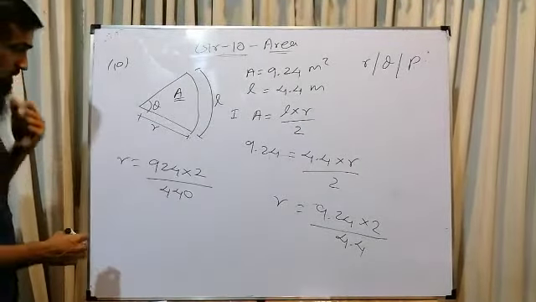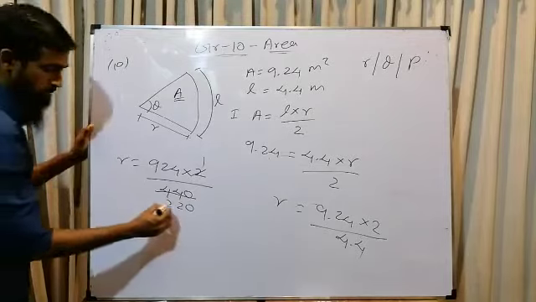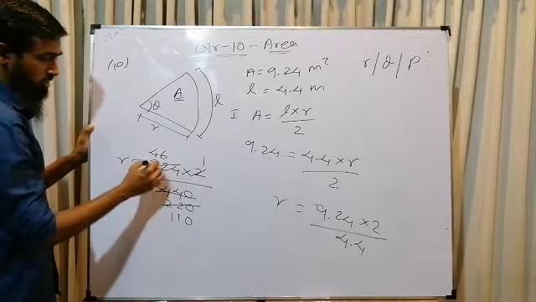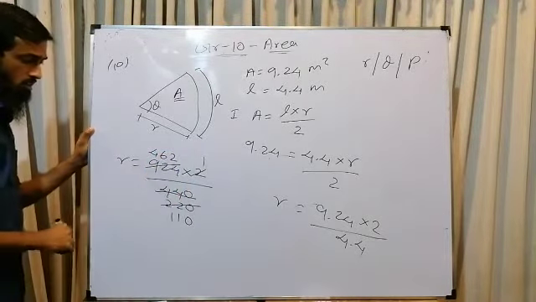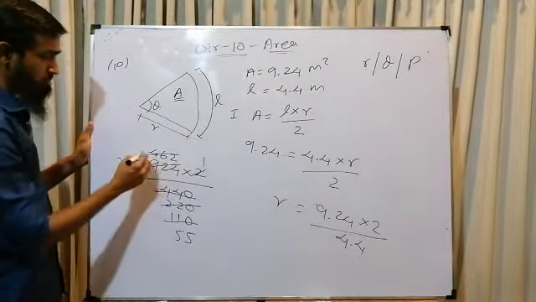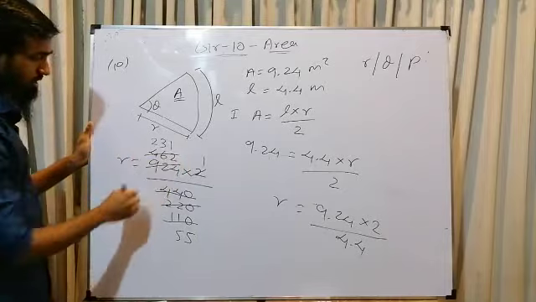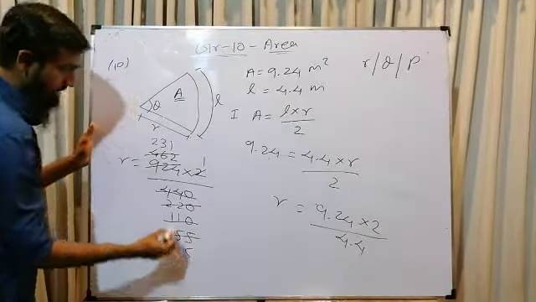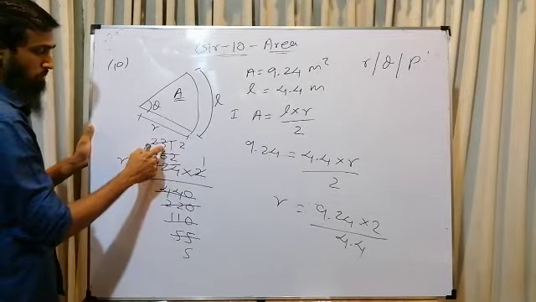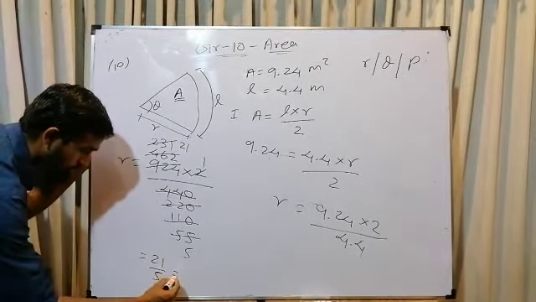Now divided by 2 one time, 220, divided by 2, it's 110, divided by 2, 55, divided by 2, 231, divided by 11, 21 over 5.